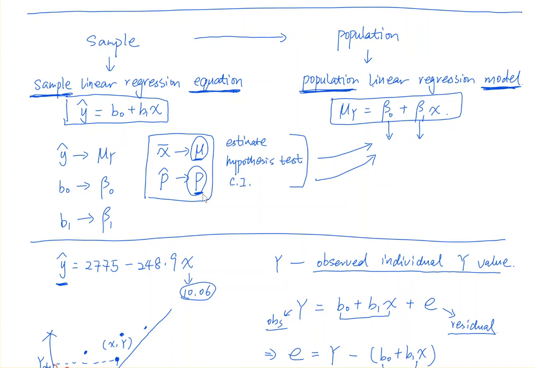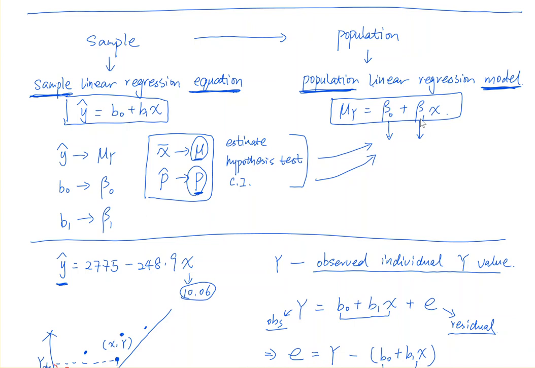So here will be the same idea. We can do the estimations for these population parameters. We can do the hypothesis test about these parameters. We can compute the confidence intervals for the parameters.